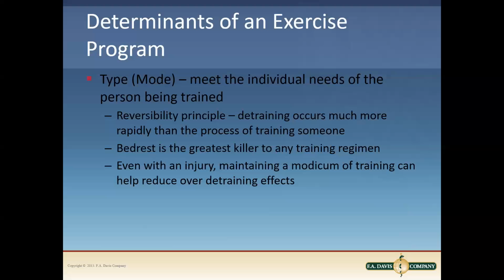So even with an injury, maintaining a modicum of training can help reduce the overall detraining effects. You're going to find this in the hospital. For those of you that are interested in going to inpatient, what's really going to kind of bug you a little bit is you're working in a hospital in the acute care setting, you're going to become a glorified walking simulator. Because a lot of what you're going to do with patients is nothing more than walking through the halls.